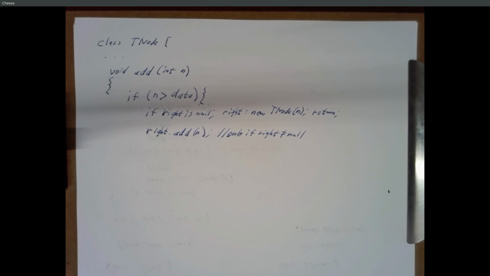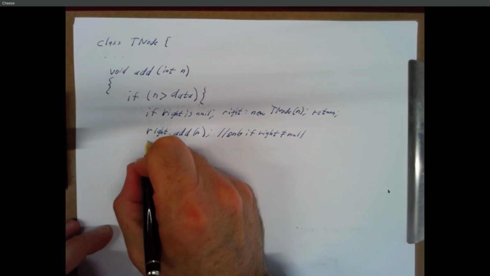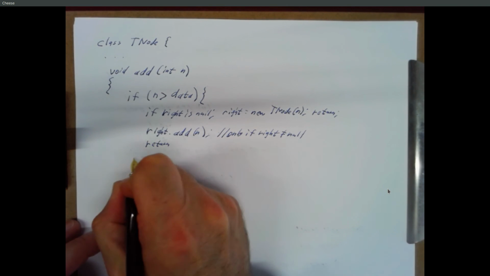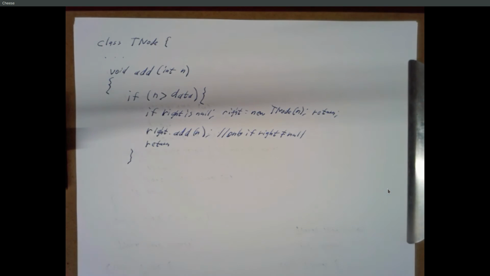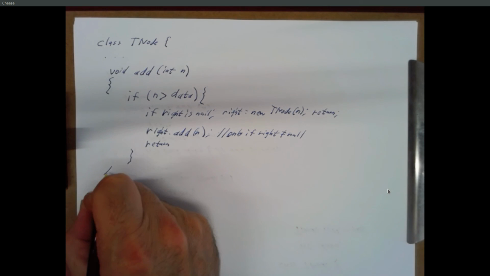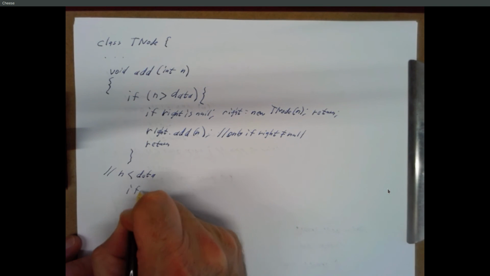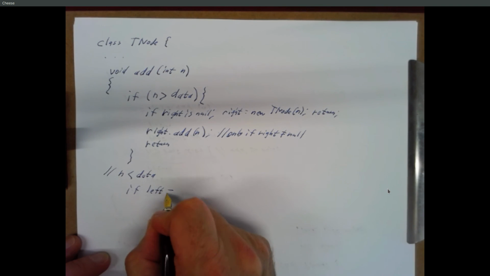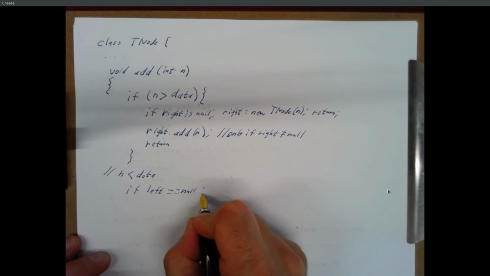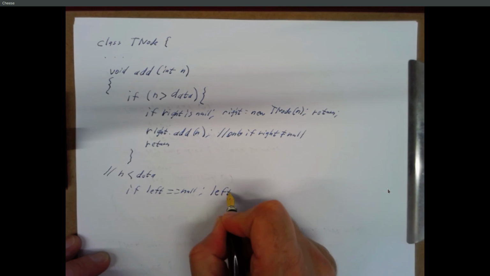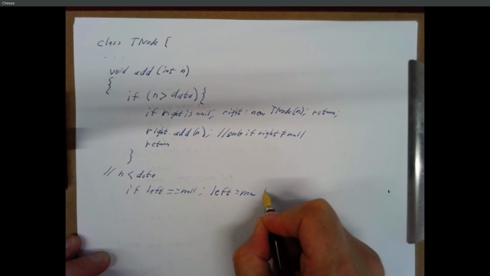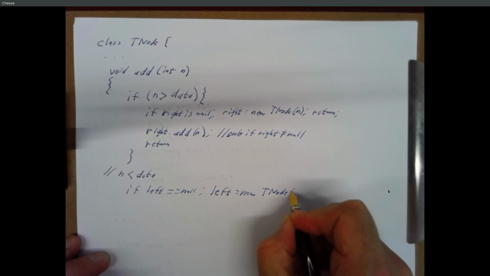Otherwise, if there's a node on the right, we'll call that right node's add method, and we'll return. And then down here, we know that n is less than data. So do the same thing on the left.